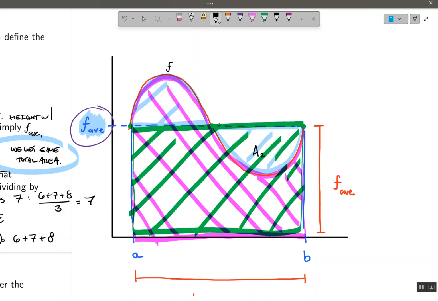That is highlighted by this area above being the same as the area below right here.